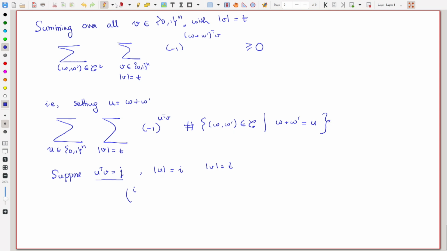Okay, let me write down this equation. I should have summation over V in 0 1 to the n such that V is t, minus 1 raised to u transpose V, is equal to, now suppose u has j things, j equals 0 to min I t, minus 1 raised to j, and so out of those I things which are 1 in V, I should choose j, and out of the n minus I things which are not in V, I must choose t minus j.